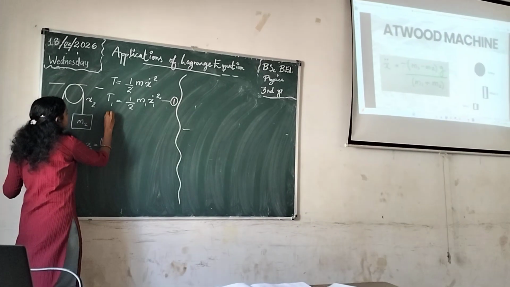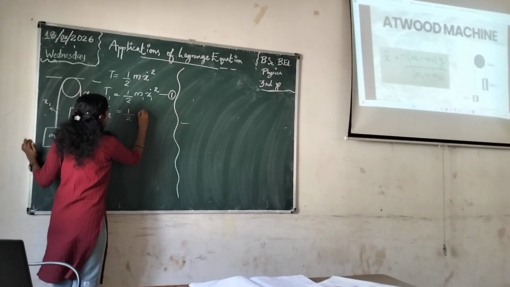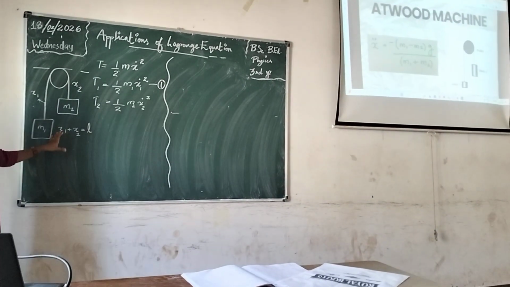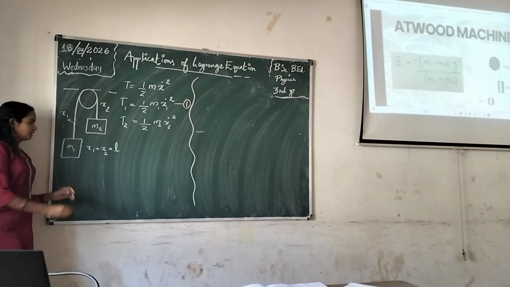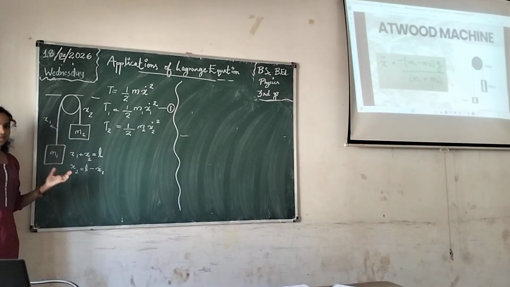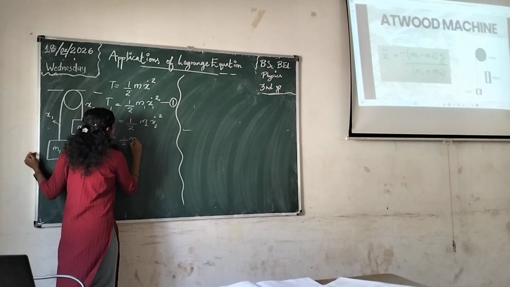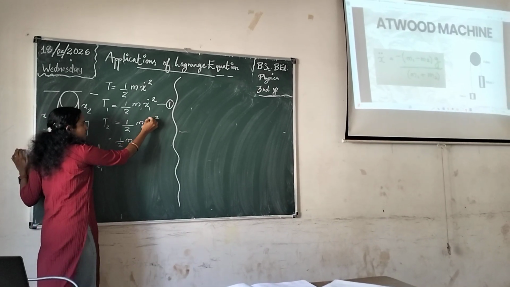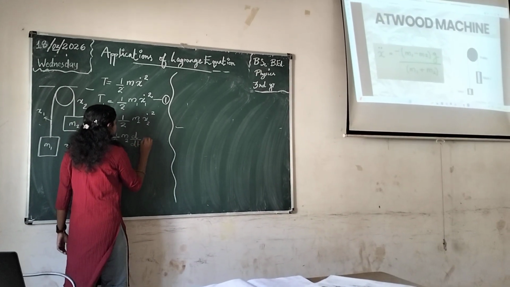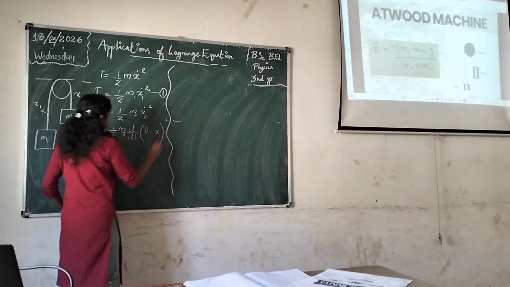Then for mass 2, T2 will be half m2 x2 dot square. But here we have the equation x1 plus x2 equal to L, so from this we can write x2 is equal to L minus x1. So this can be written as half m2 into, instead of the dot, I am taking d by dt of (L minus x1) the whole square.